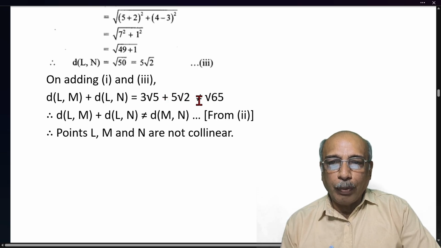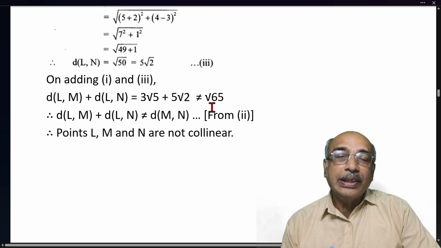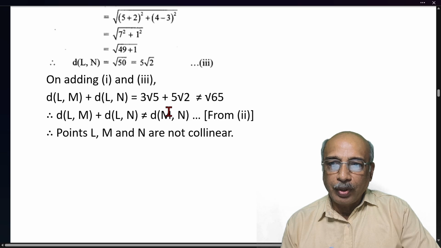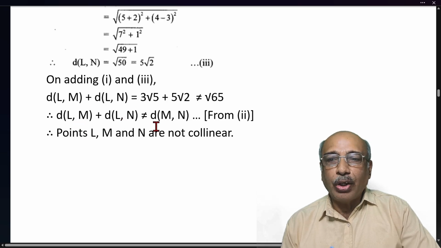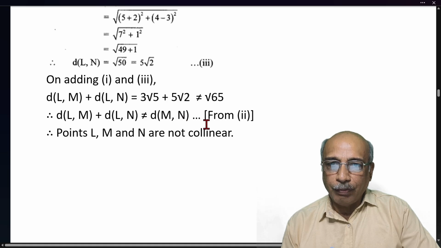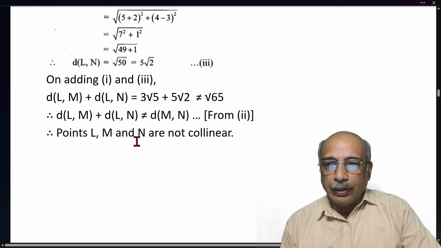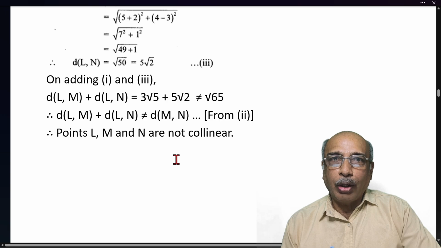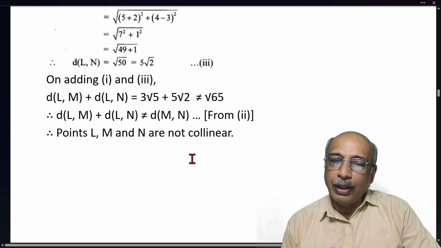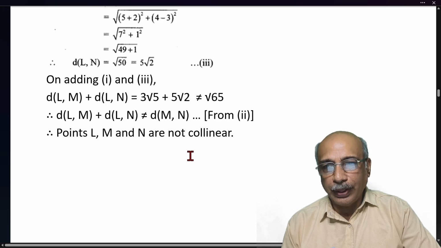Here it is not equal to root of 65. Therefore, distance LM plus distance LN is not equal to distance MN from above. Therefore, the points L, M and N are not collinear. If they are equal, they are collinear. If it is not equal, then they are not collinear.